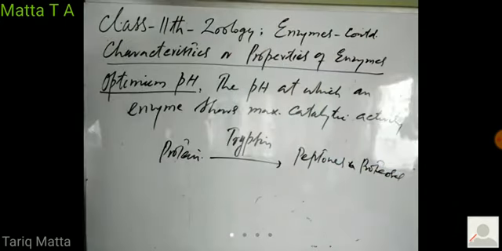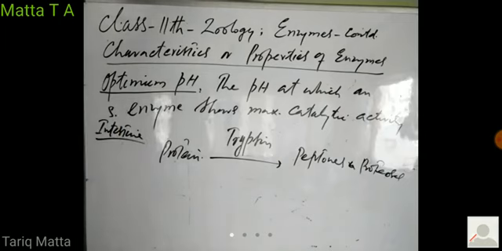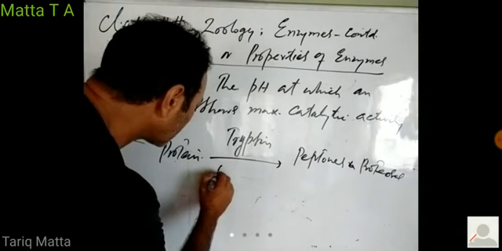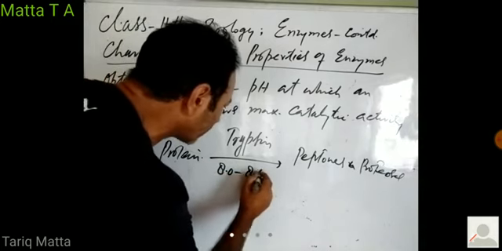But it is released in the small intestine. So this trypsin doesn't work best in acidic medium. It works best in alkaline medium at a pH of 8.0 to 8.5.